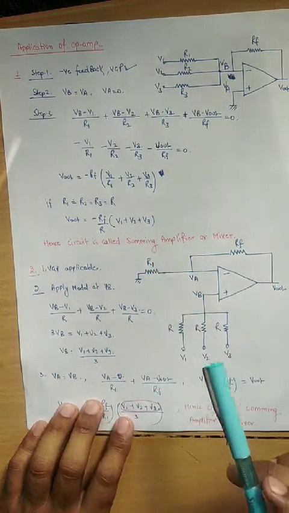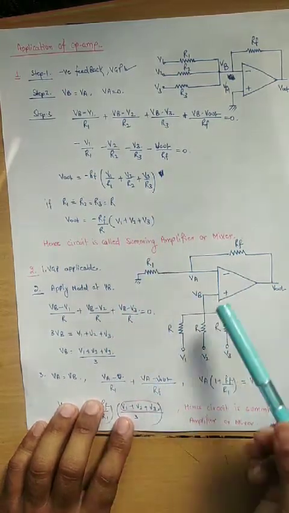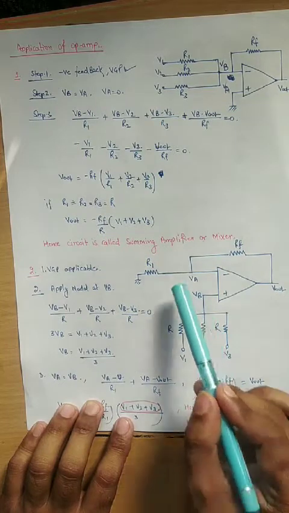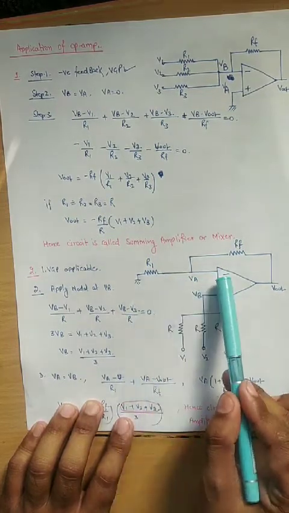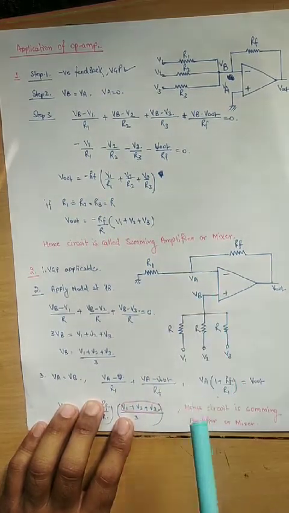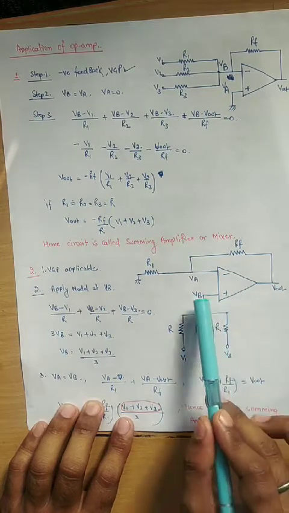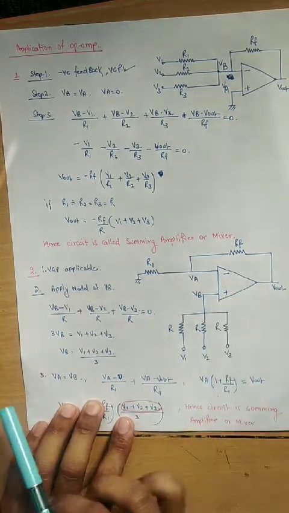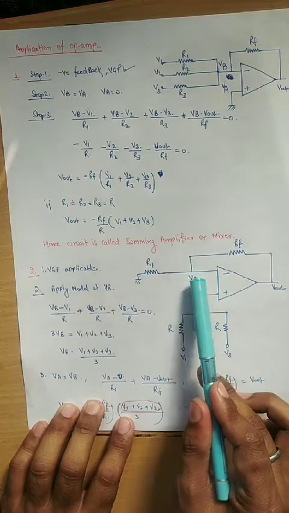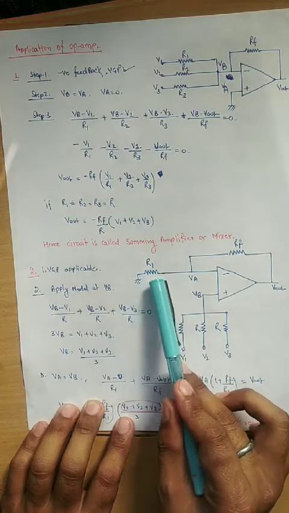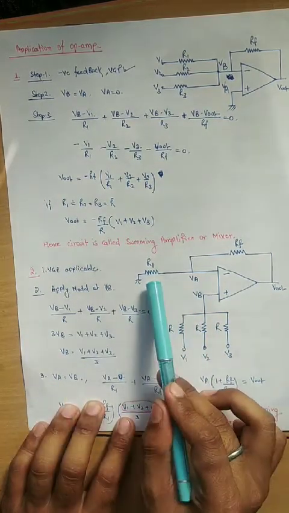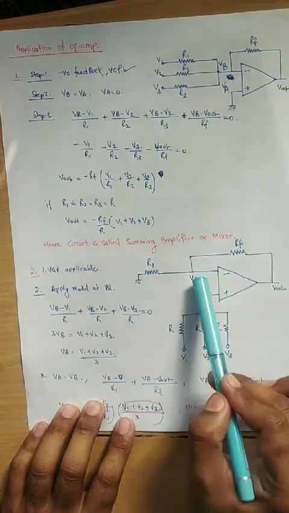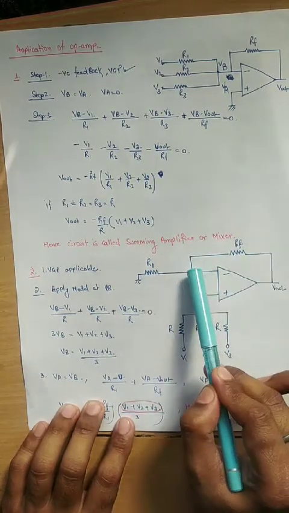The next example is this one. Here see that it is a non-inverting amplifier because V1, V2 and V3 are applied at the non-inverting terminal, and the inverting terminal is grounded with again the resistance R1. So first see whether VGP is applicable or not. Yes, VGP is applicable.